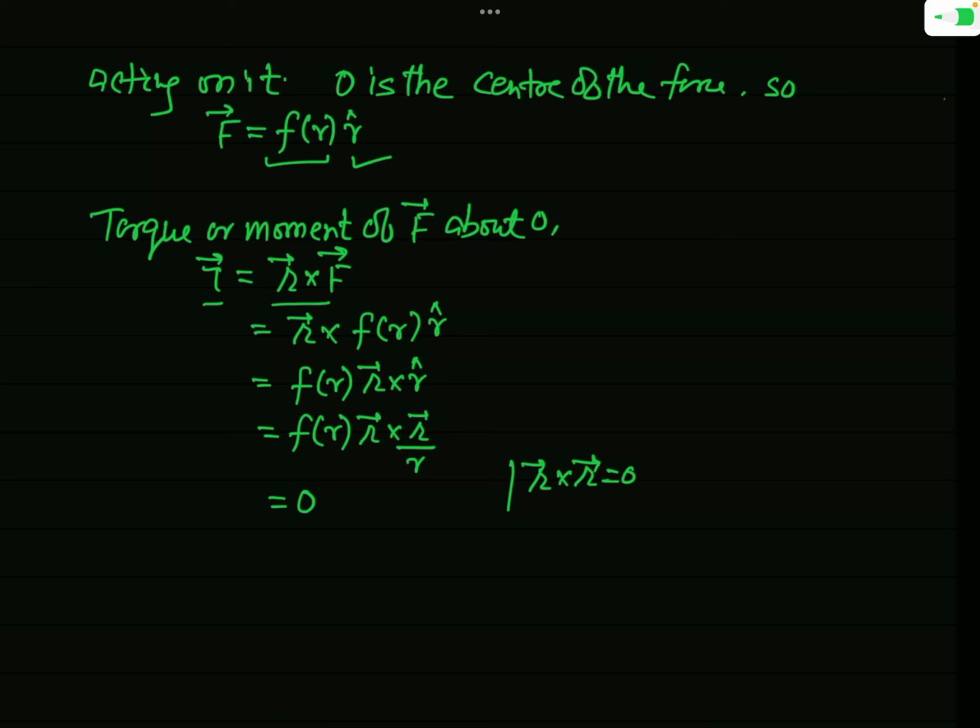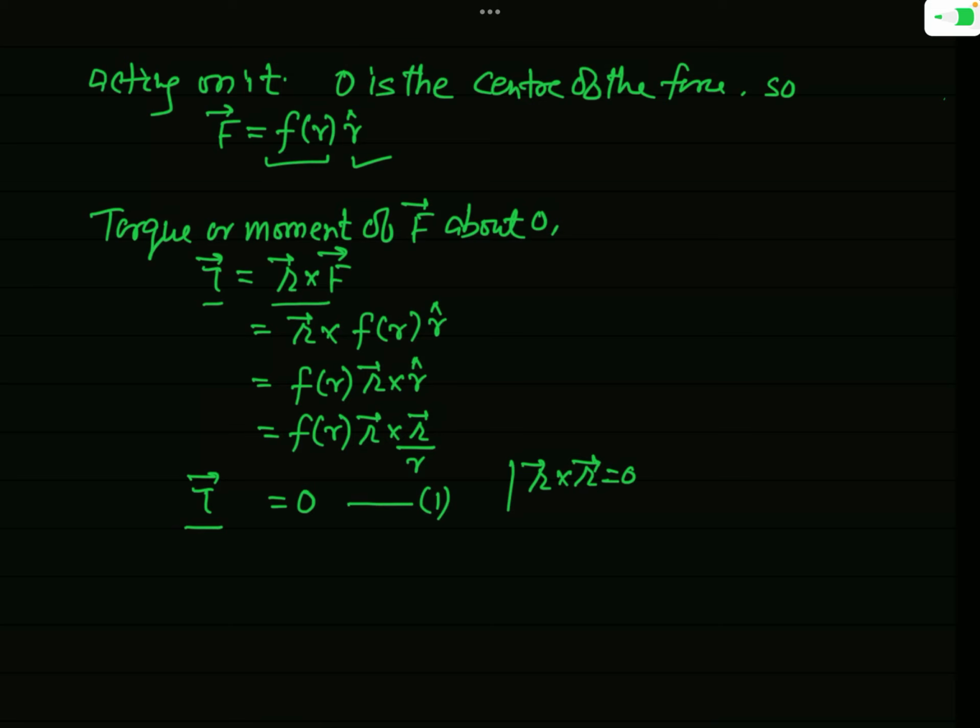Cross product of two same vectors is always 0. So definitely, if a particle is moving in a central force field and we find the torque acting on the particle about the center of the central force, then that torque will always be 0.